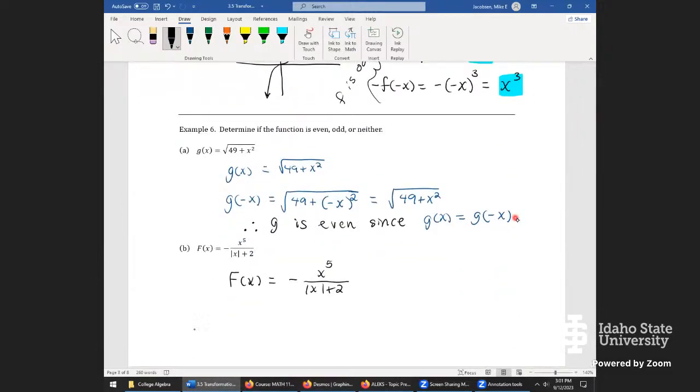So negative f of negative x will be what we calculate right here. And I kind of meant for these to be in blue. Let's just fix it real quick. There we go, they're in blue. Well, we'll start off by just carrying a negative sign like before. There it is.